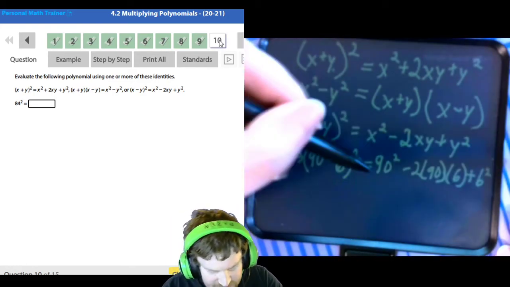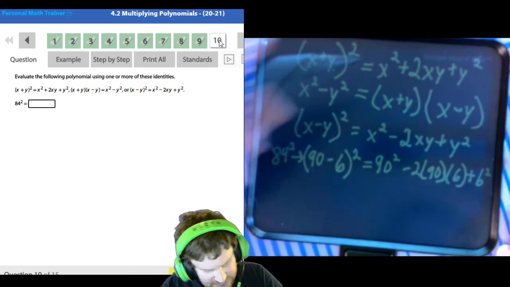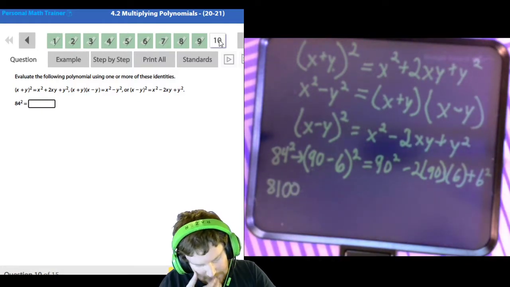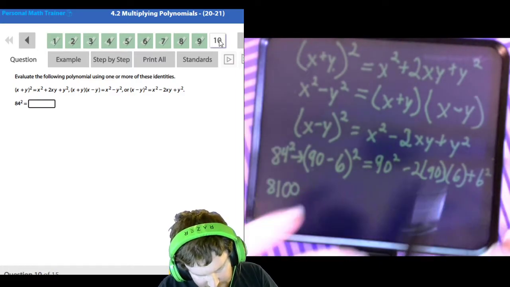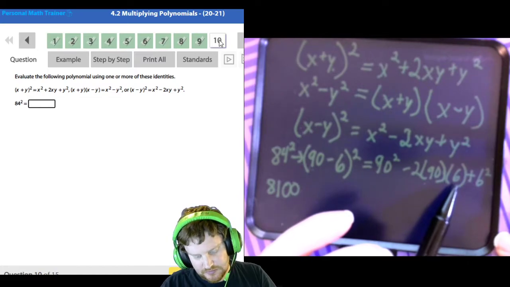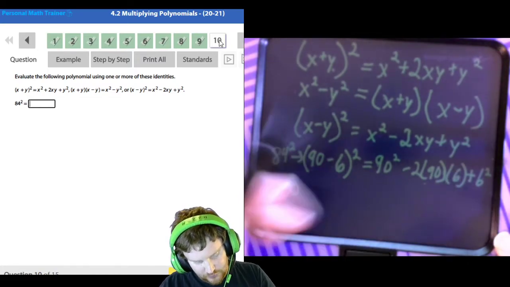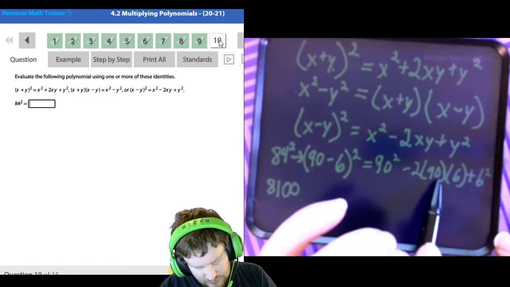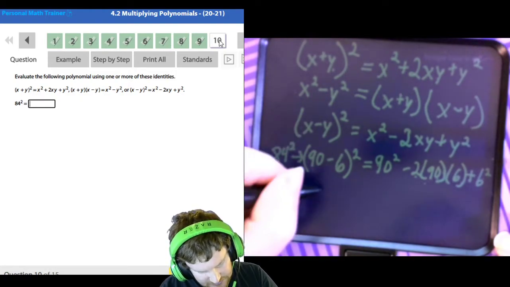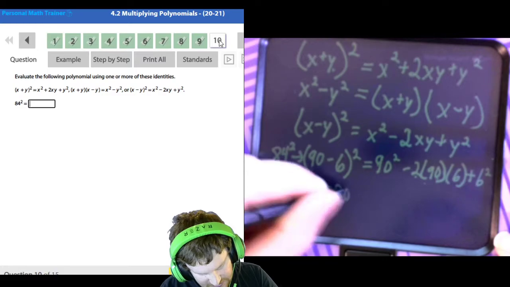The reason I said 90 squared is easy is because 9 squared is 81, and then since it's just 9 tens, you just add 2 zeros at the end of it. 9 times 6 is 54. So add a 0 to that, that's 540. Times 2 is 1080. So minus 1080.